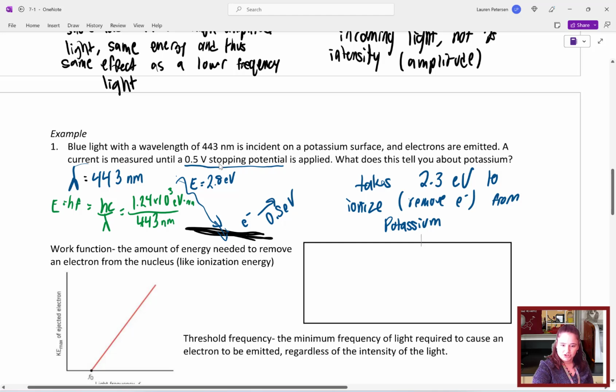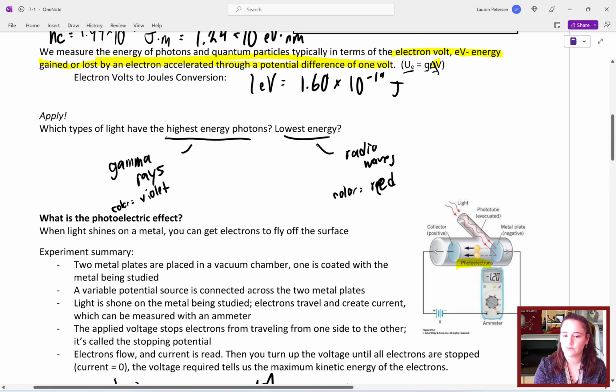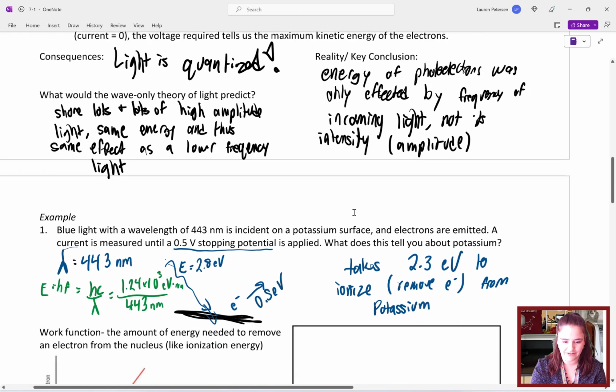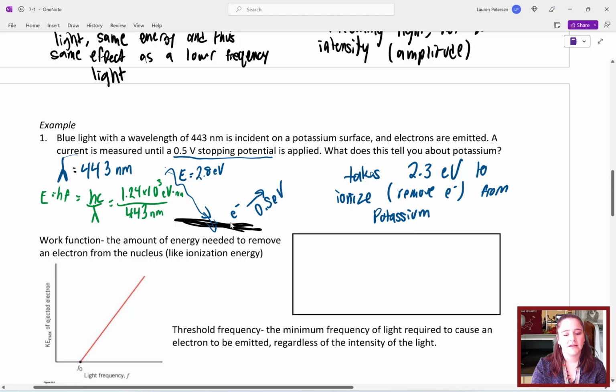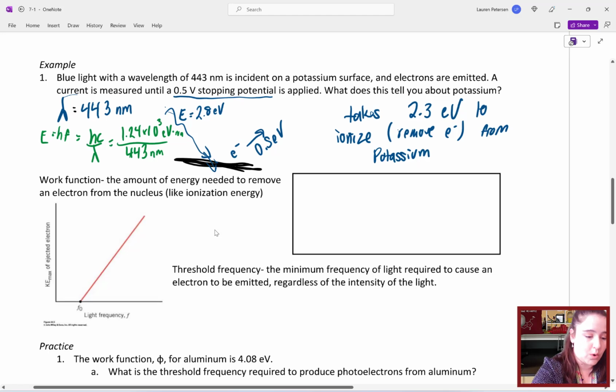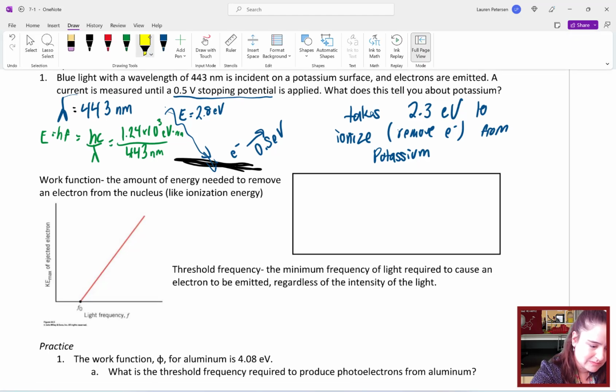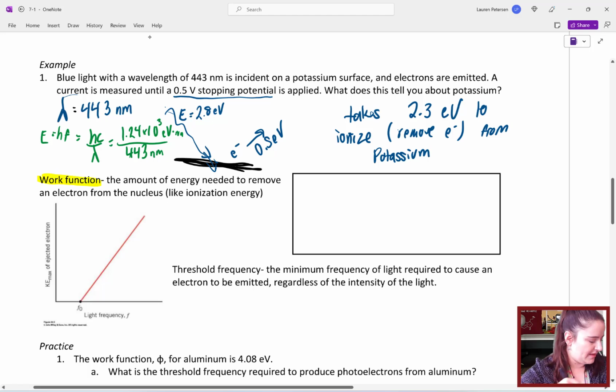And again, that's just because of that 0.5 volt stopping potential, in electron volts, that means 0.5 volts per electron. U equals Q times delta V. Delta V is 0.5 volts. Q of an electron is 1 electron volt, so 0.5 electron volts of energy. It needed 2.3 to cause it to be removed, and that is called the work function, the work function of the metal.